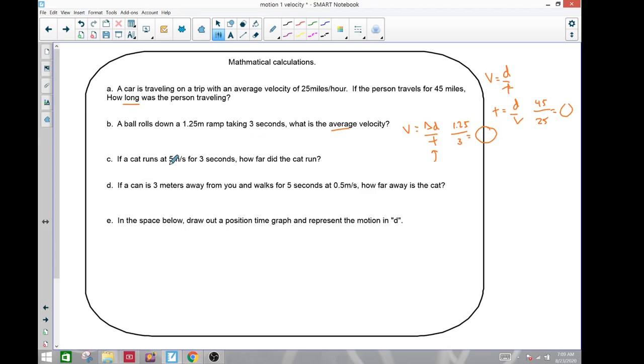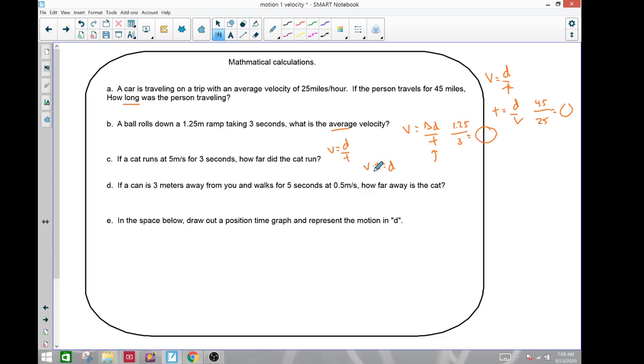The cat runs 5 meters per second for 3 seconds. How far did the cat run? So we're solving for distance. Velocity equals distance divided by time. Solve for distance. So velocity times time equals distance. Now you're going to find that you might want to do this stuff in your head. But in this class, this sometimes is the only problem.